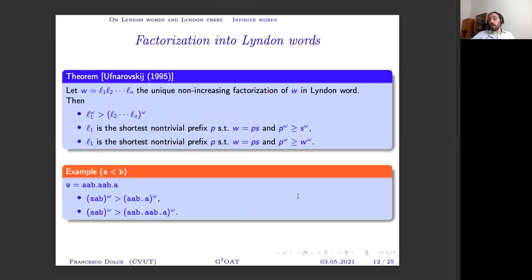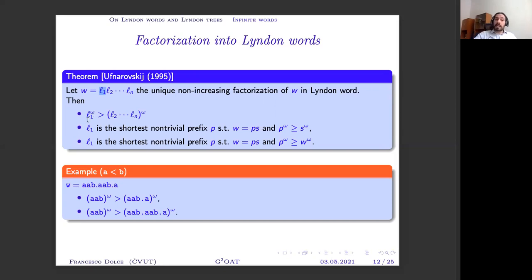Why is that important? Well, it's important not only to characterize Lyndon words, but also for the factorization of any word in Lyndon words. Because this is just a rewriting, using our terminology, of what Nerode proved in 95, that whenever we have a factorization of a word w in Lyndon words, the unique non-increasing factorization, then we can characterize the first element of this factorization in different ways.